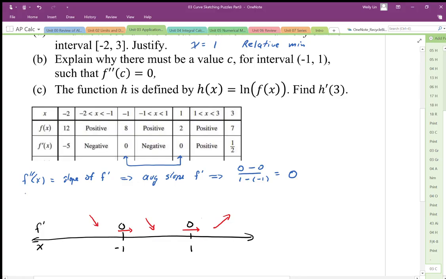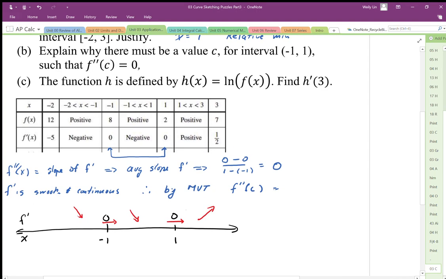So first of all, I'm going to state f prime is smooth and continuous. That's an important condition. Therefore, by the mean value theorem, we can say that the derivative, or the instantaneous slope, is going to equal the average slope of 0, and it must occur in the interval from -1 to 1.